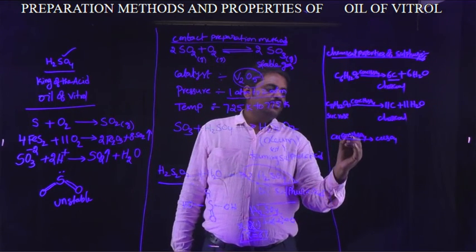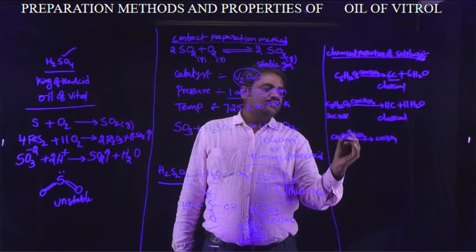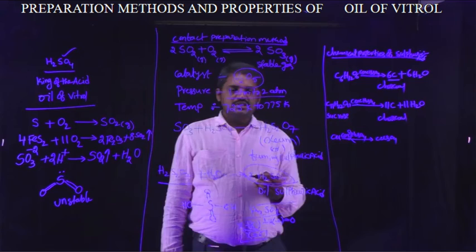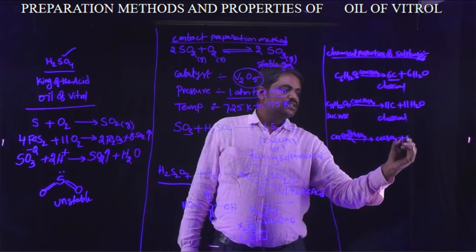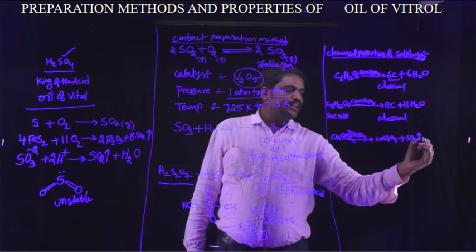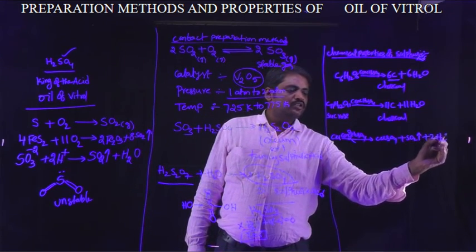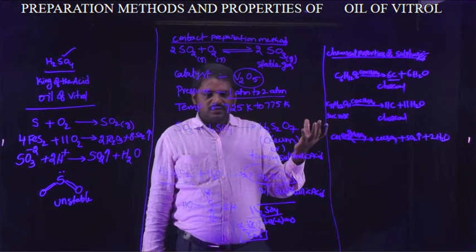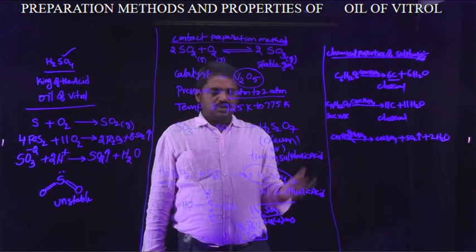For example, 1 mole of copper reacts with 2 moles of sulfuric acid to produce copper sulfate, and sulfur dioxide gaseous molecule is eliminated, and automatically 2 moles of water molecules are also eliminated.